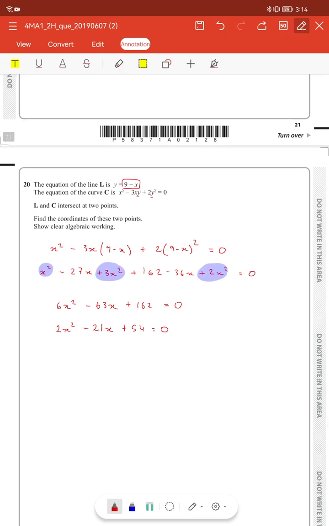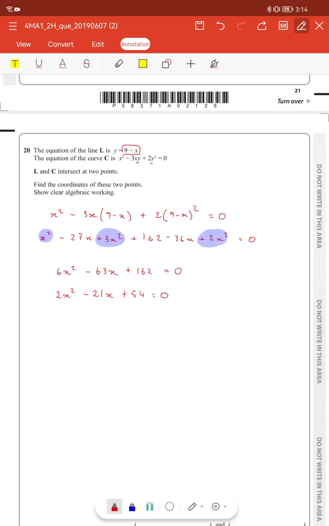And now we can use the quadratic formula, or you can factorize it, whereby you get 2x minus 9 and x minus 6 equals 0. So x is equal to 9 over 2, or 6.